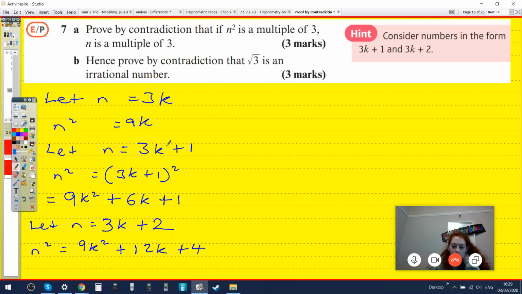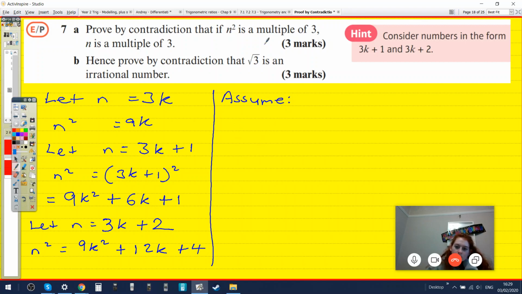So you can factorize out 3. If n squared is a multiple of 3, n is a multiple of 3. So what do we have to assume here?